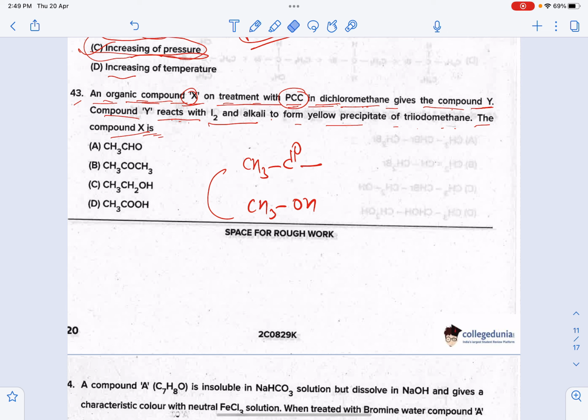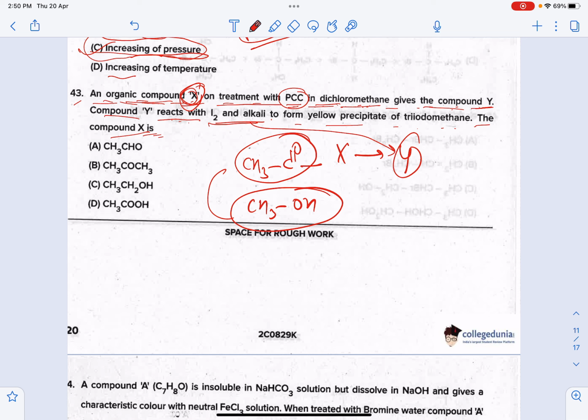Here, organic compound X on treatment with PCC, it may be an alcohol, in dichloromethane gives compound Y. Only an alcohol undergoes this with PCC, because it will give an acetyl group. X will give a compound Y which has this group in it, because it undergoes the iodoform reaction and it possesses an acetyl group.